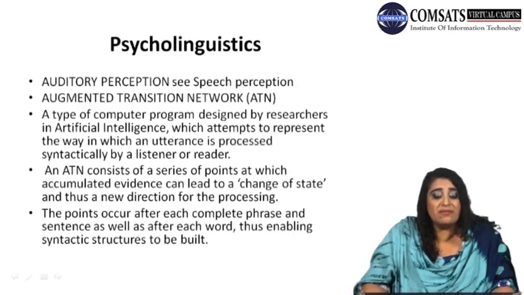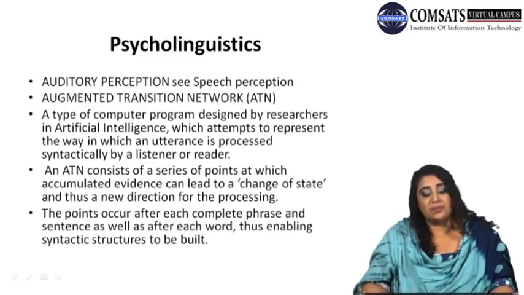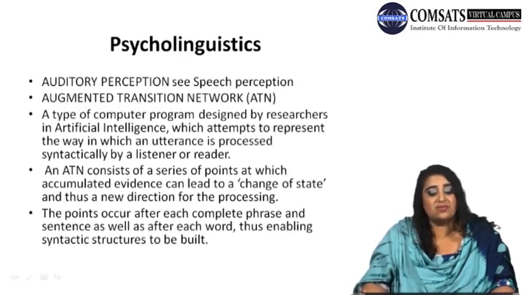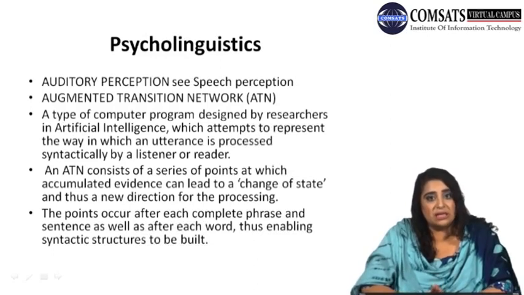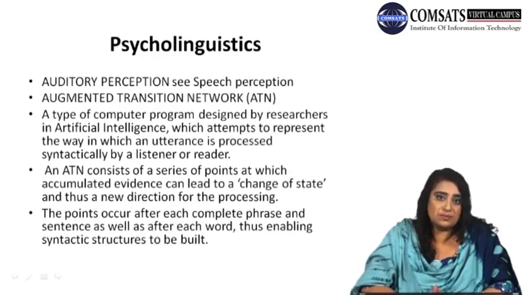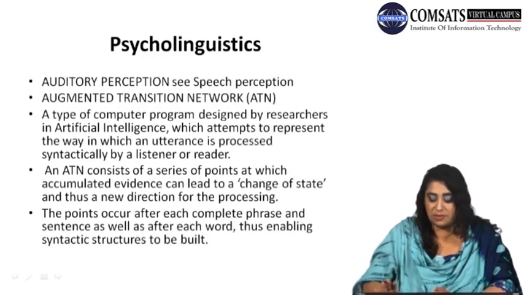Now the points occur after each complete phrase and sentence as well as after each word, thus enabling syntactic structures to be built. So the points occur after each word, phrase or sentence, enabling us to build syntactic structures of the language.